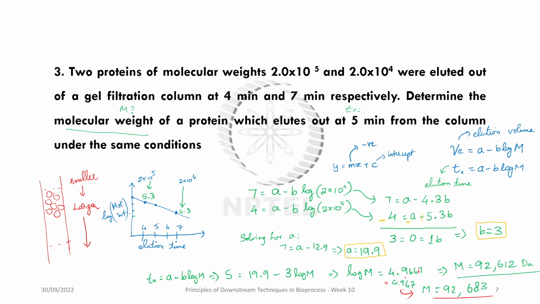So let me see what happens if I use 4.97. So it goes all the way till 93,325.